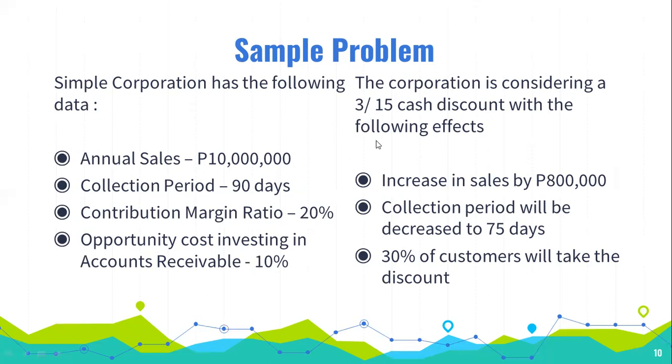So what are the effects of the cash discount? Number one, it will increase sales by 800,000 pesos. Number two, collection period will decrease to 75 days. And number three, we will assume that 30% of customers will take the discount. What is the question in this problem?